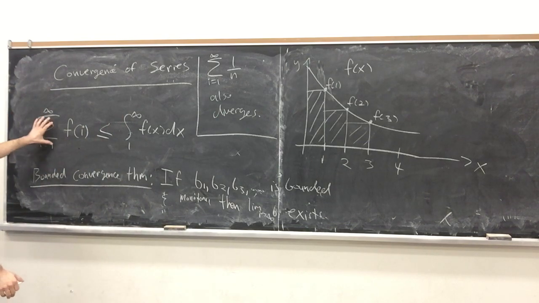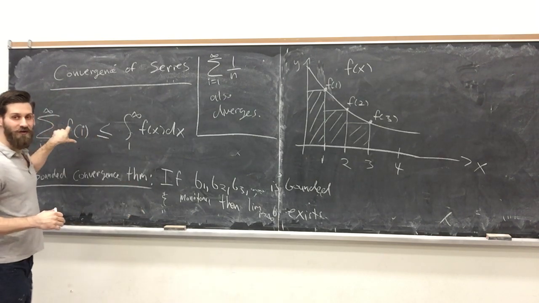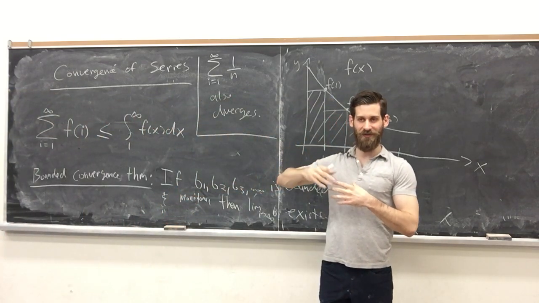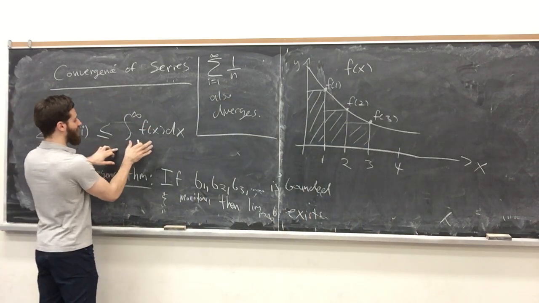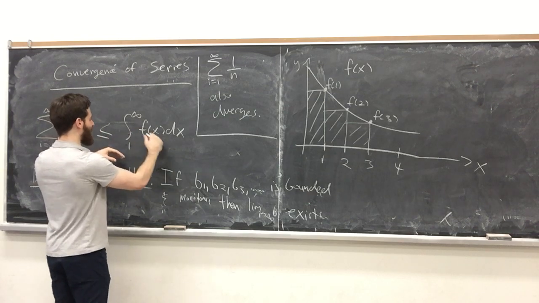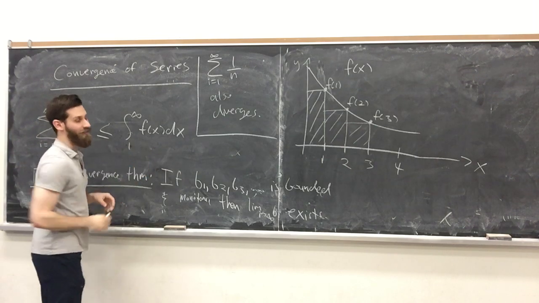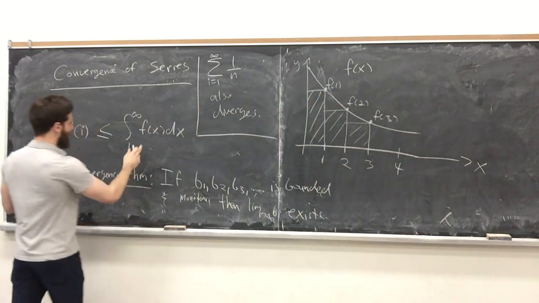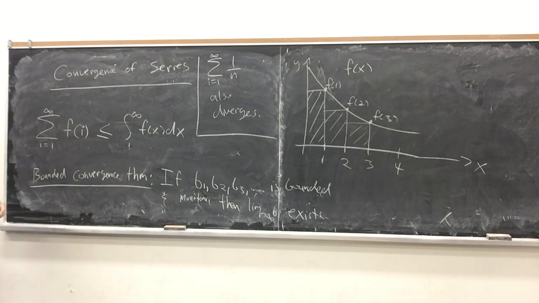So now, if we look at the partial sums, because f is a positive function, the partial sums are monotone increasing, right? And if this integral converges, then the partial sums are bounded by this integral. Therefore, if f is positive decreasing and this integral converges, then this sum also converges.